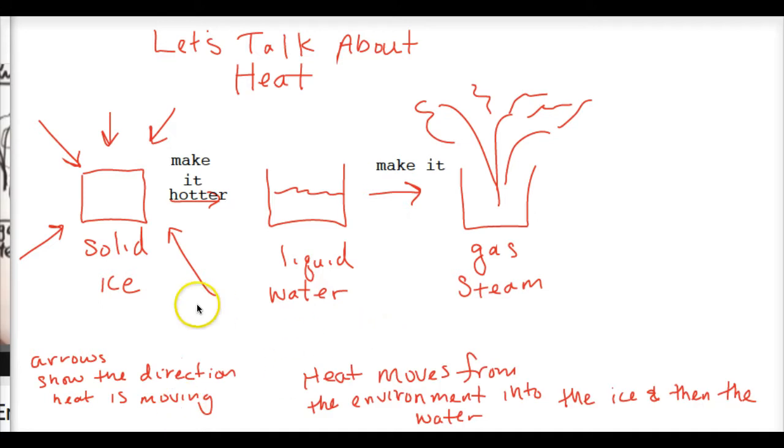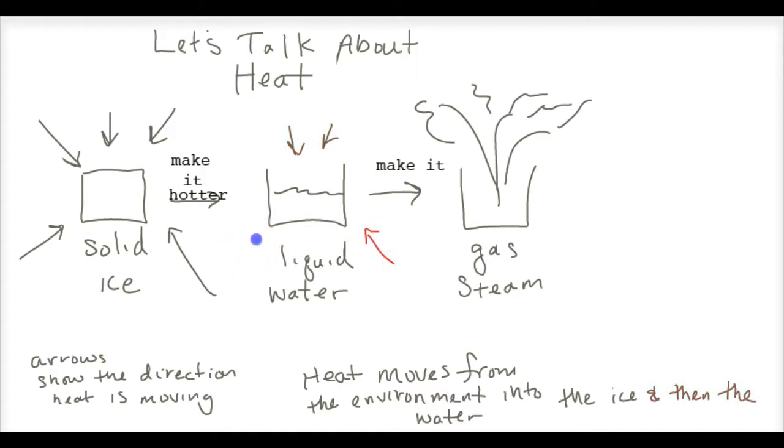So we're saying here that heat is moving from the environment into the ice, and then again the heat has to move into the water, because the heat has to continue to enter the system in order for the system to change and go through the phases.